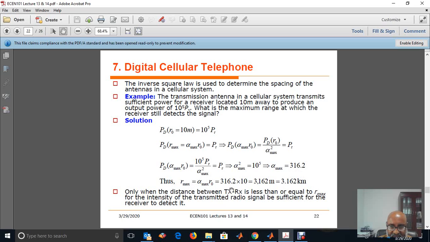Therefore, the maximum distance is 316.2 times R0, which is equal to 3,162 meters or 3.162 kilometers. Only when the distance between the transmitter and the receiver is less than or equal to this maximum distance is the intensity of the transmitter radio signal sufficient so that the receiver can detect the transmitter signal.